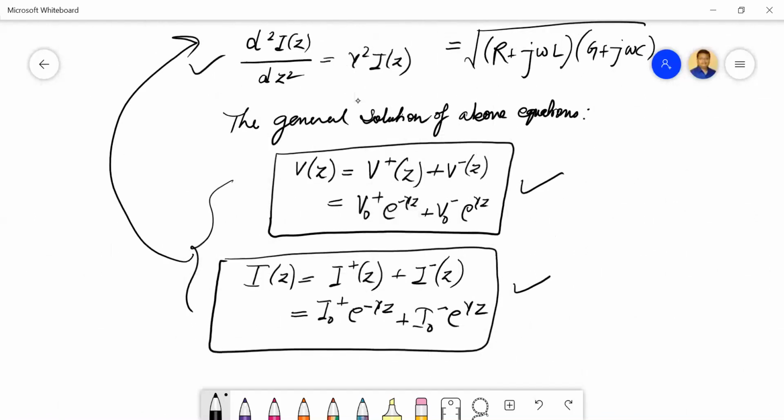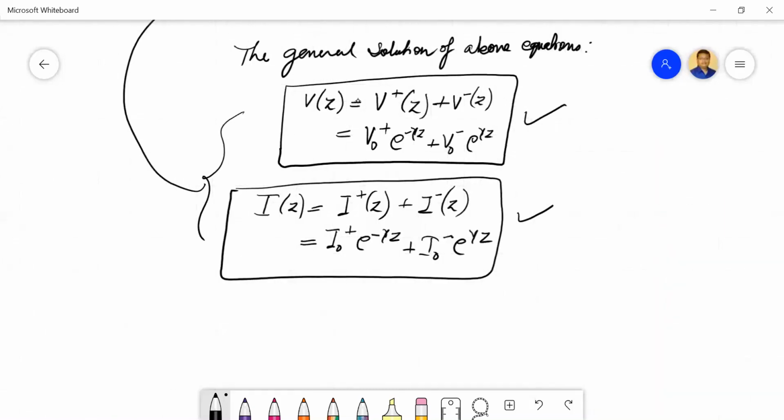Now the reason is simple, and we already discussed why we took this solution in exponential form. We want to see the propagation. In the transmission line, the propagation is important. We don't want the standing wave and other things. We want propagation, so that is why we chose the solution in exponential form.